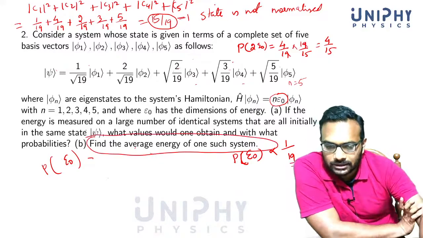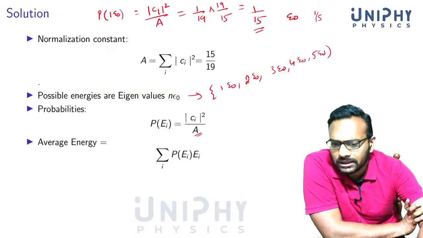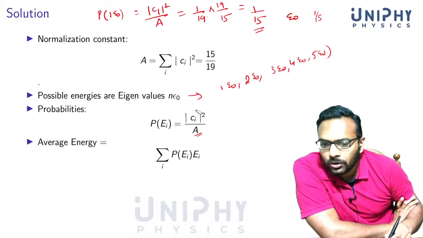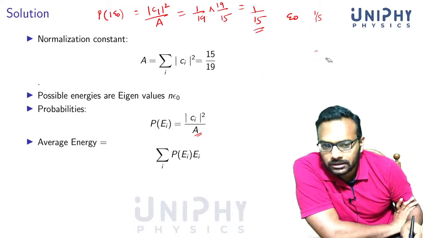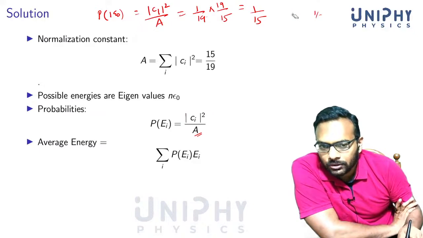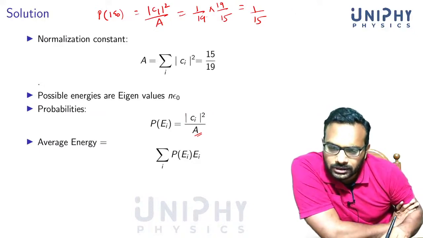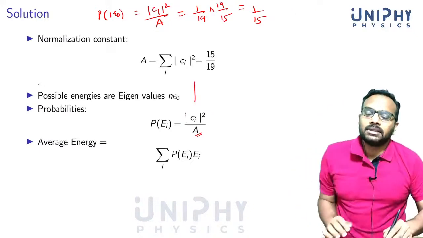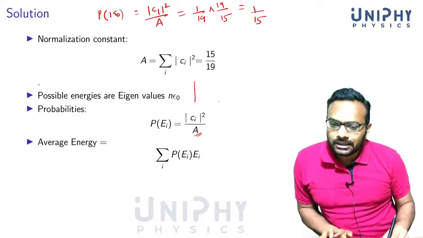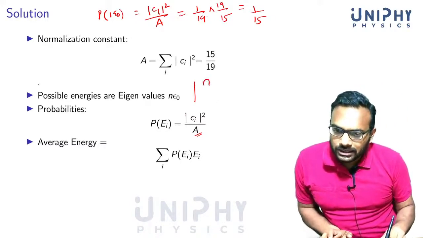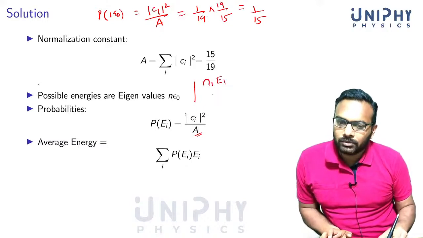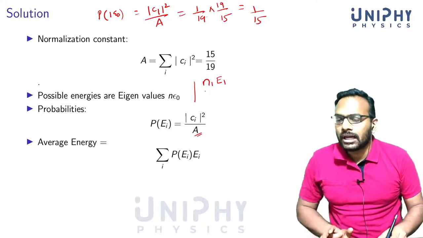What's average energy? How do you calculate average energy? Suppose you are making these measurements, you have done experiments in your laboratories, right? So let's say that n1 times you get energy E1. What do you do in your laboratory?